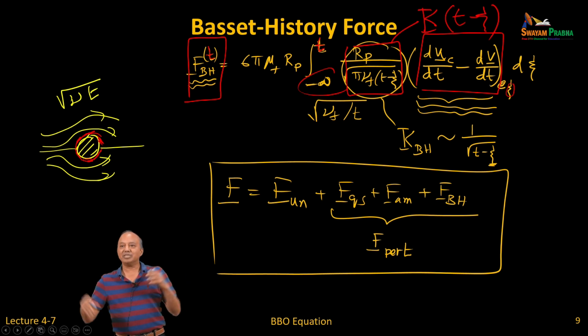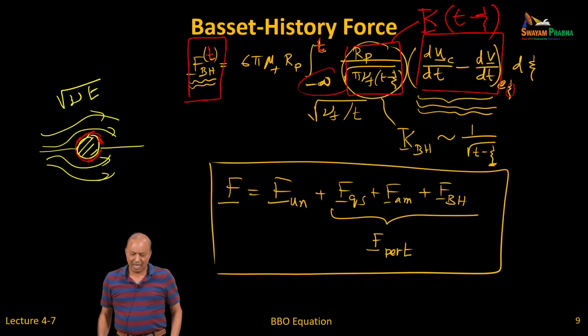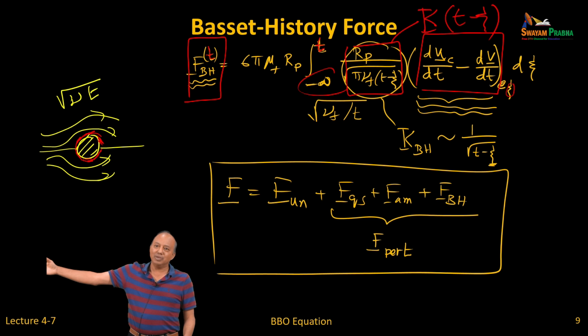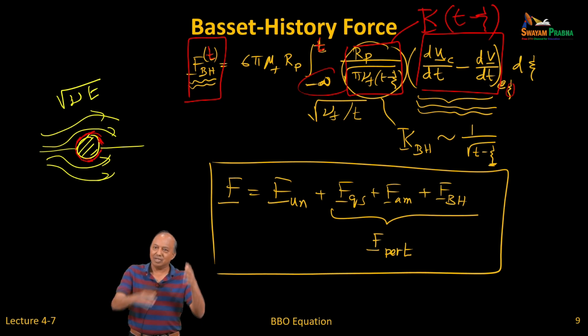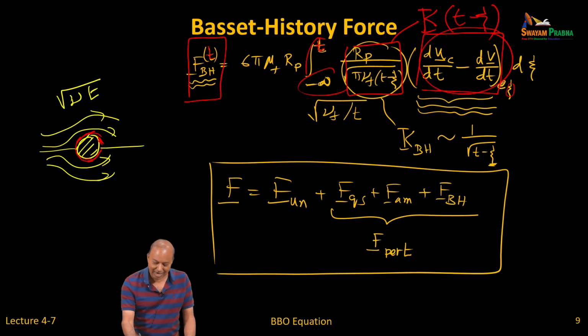In other words, everything that happened in the past is continually getting less and less important. Here the decay is 1 over square root of time. So things that happened 10 times earlier will be 1 over square root of 10 times less important. Things that happened 100 times earlier are 10 times less. So everything that happened in the past gets integrated to find the force now.